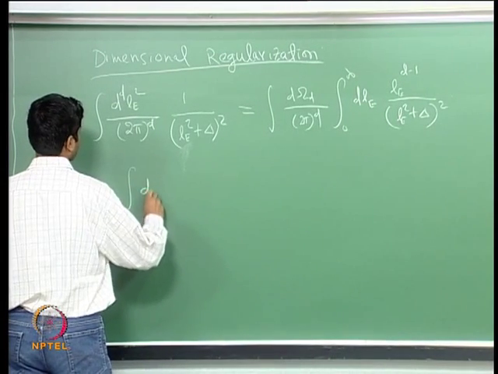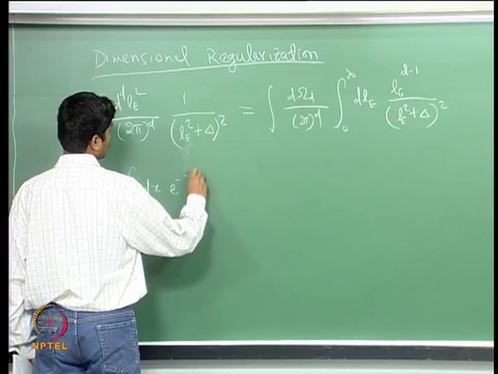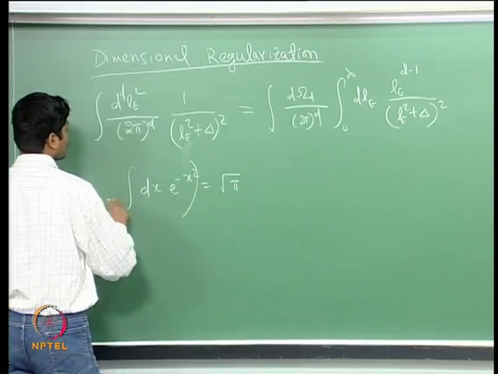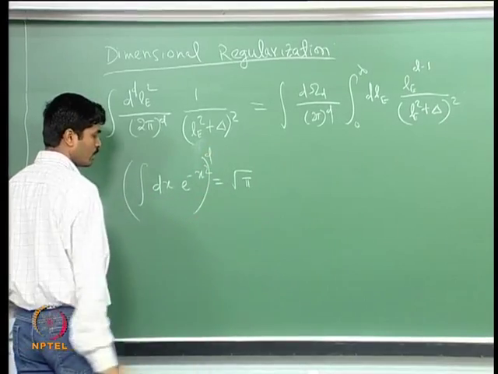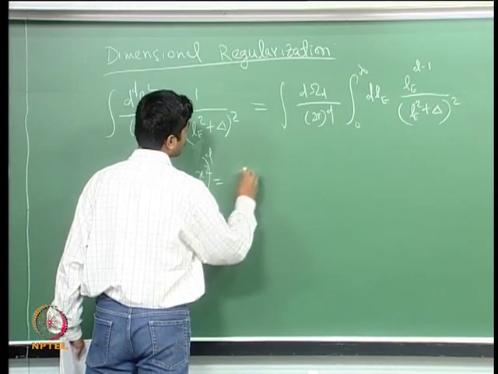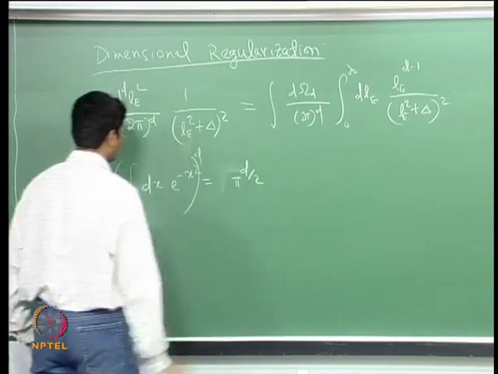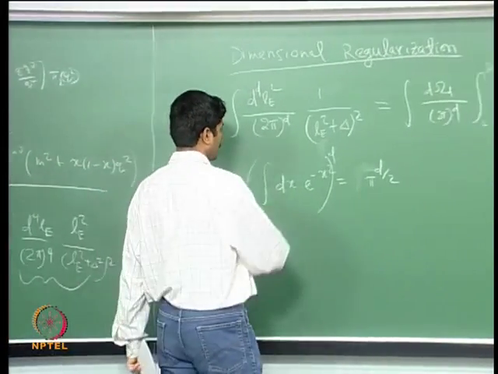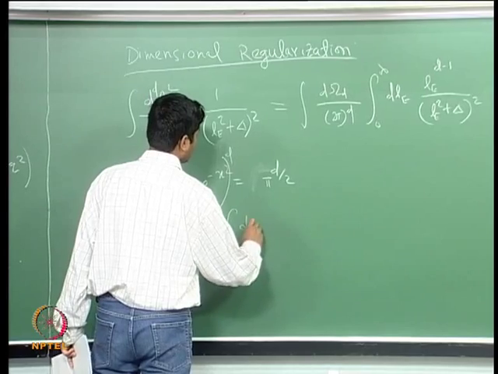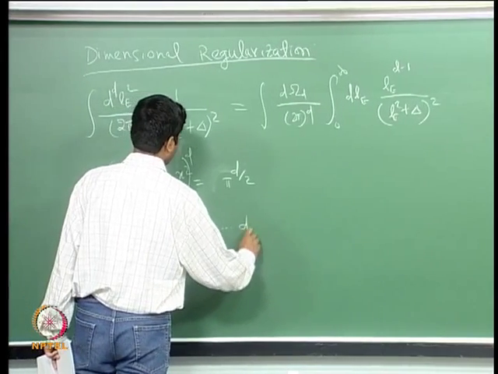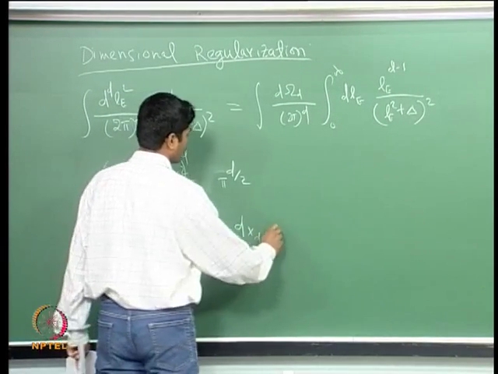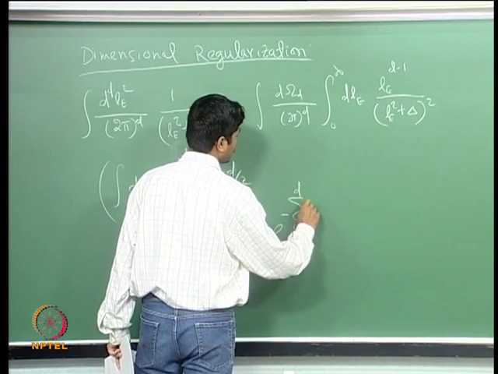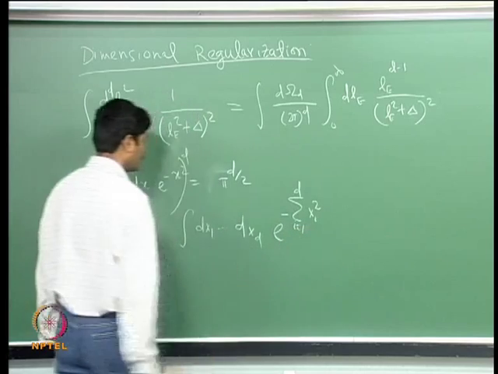We know the integral of dx e to the power minus x square is square root pi. So, when I take this to the power d, what I will get here is pi to the power d by 2. The left hand side I can rewrite as integration dx1 up to dxd e to the power minus the sum over i equal to 1 to d of x_i square.